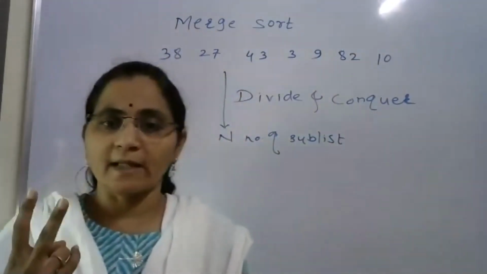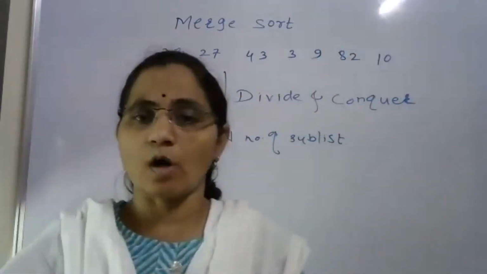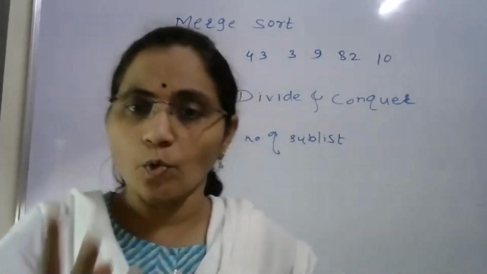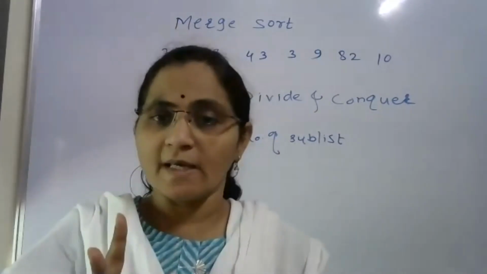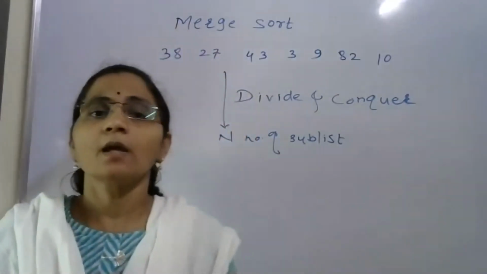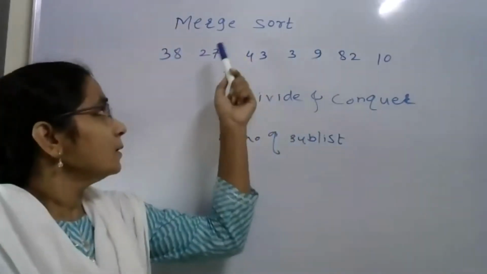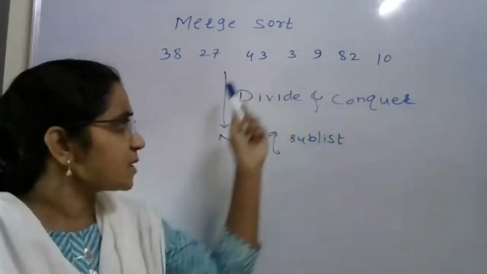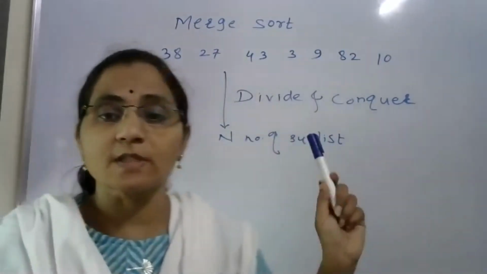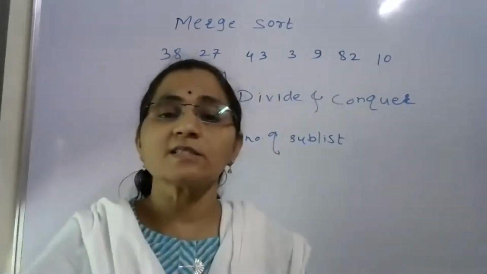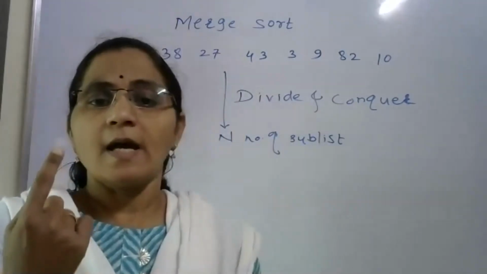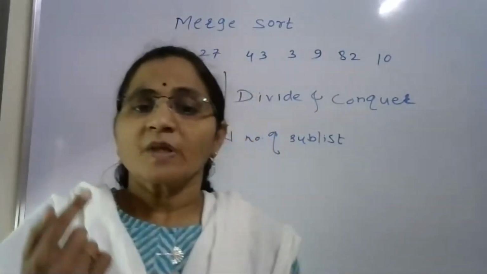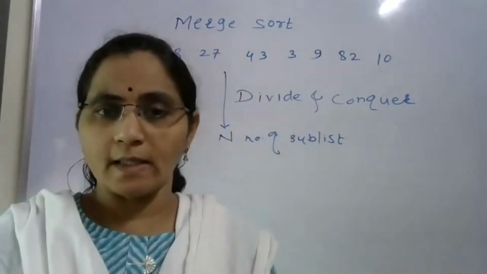Yesterday we saw that in quick sort, the given list is divided into two parts, two sublists. But today, in merge sort, the given array or single list is divided into n number of sublists, each containing a single element, which is considered to be sorted. After that, recursively merge all the elements.